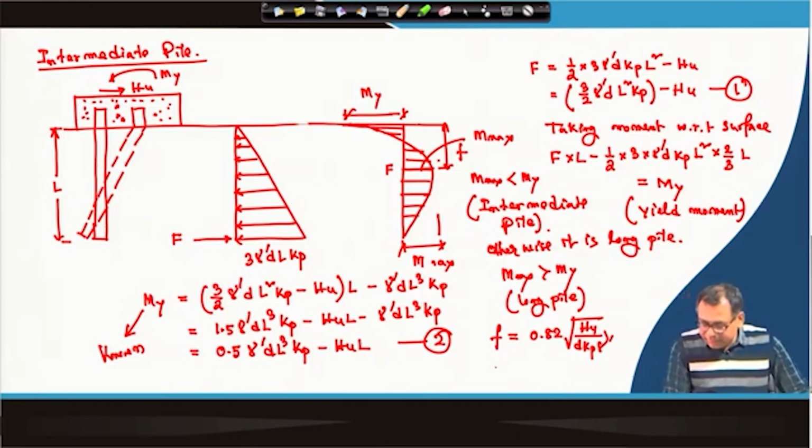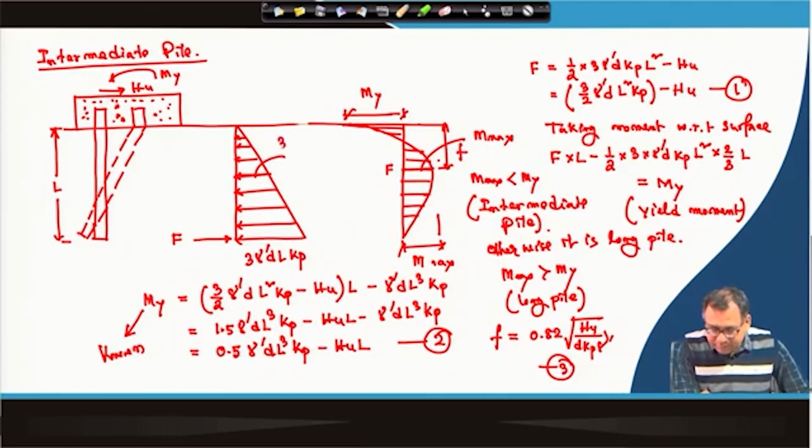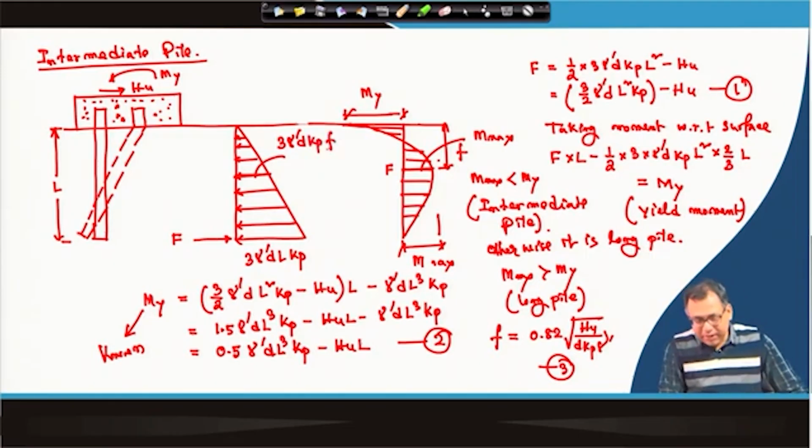We are getting the f expression by equating this equation, because we did that for the free headed pile. So, this is nothing but 3 gamma dash d k p into f. Okay. So, that force will be equal to H u.